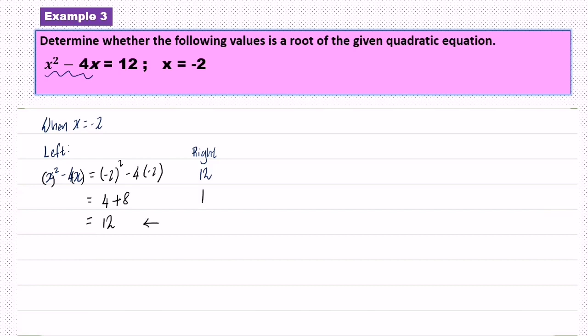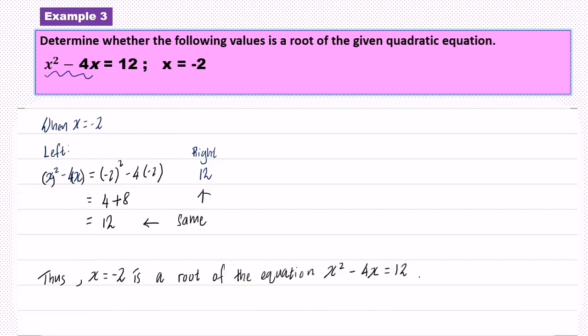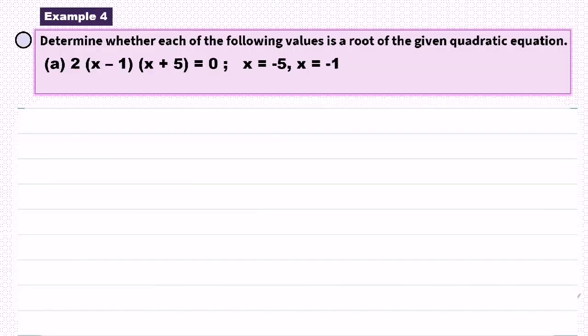These two values are the same. So what is the conclusion? Thus, x equals negative 2 is a root of the equation x squared minus 4x equals 12. Now we look at example 4.